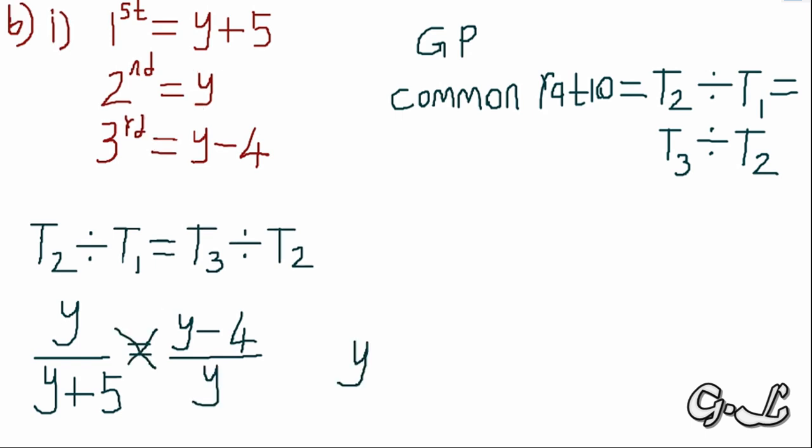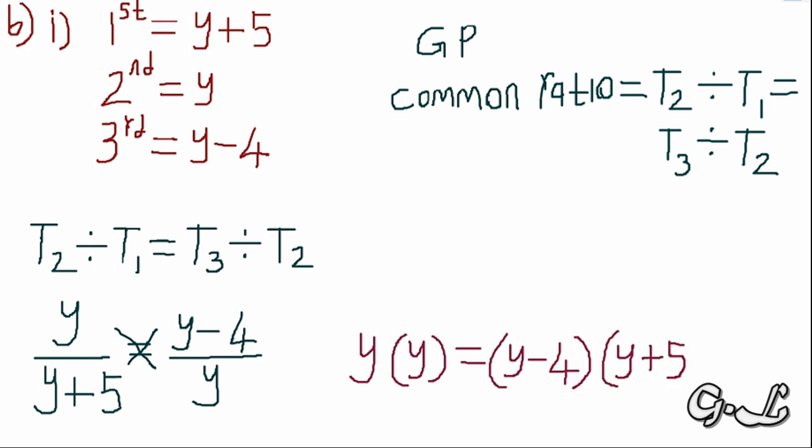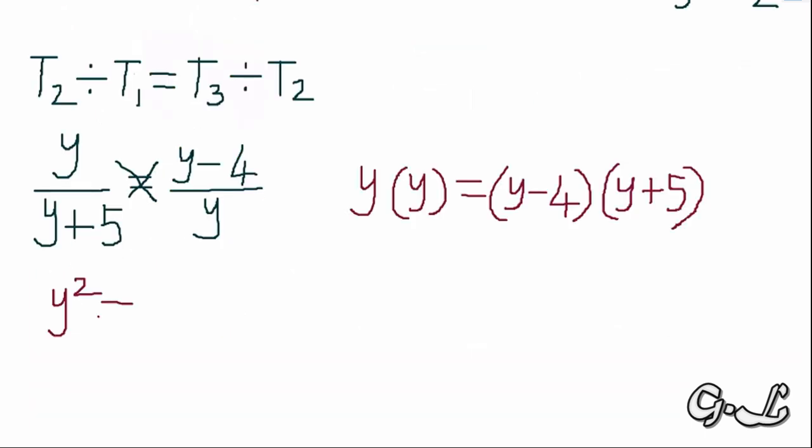Since the question itself states to find the value of Y, we're going to cross multiply. When you cross multiply, it will be Y times Y on one side, and Y minus 4 times Y plus 5 on the other.